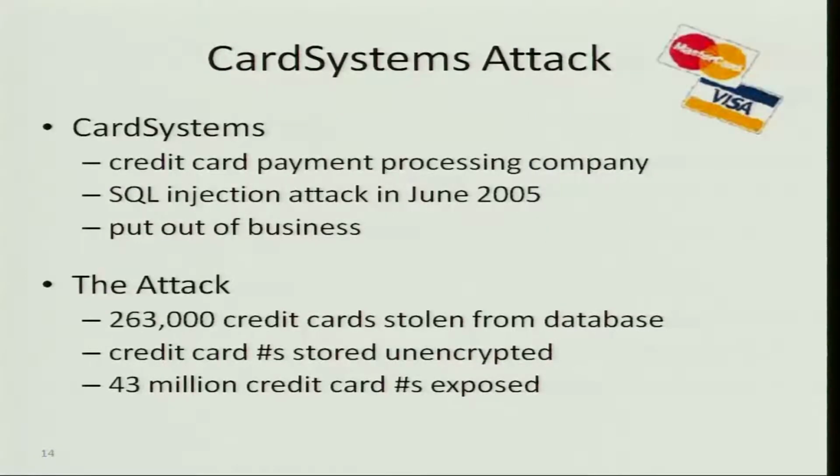About a decade ago, a company called Card Systems actually went bankrupt because of SQL injection. It was a credit card payment processing company, and with the SQL injection attack, 263,000 credit card records were stolen from the database.